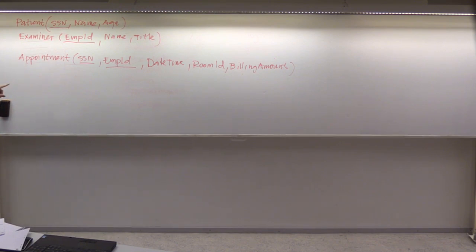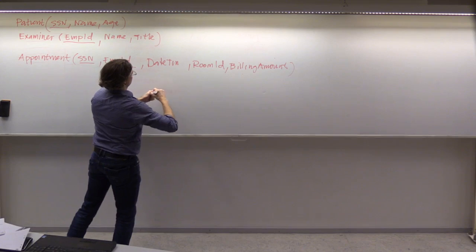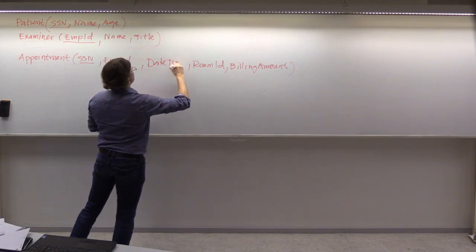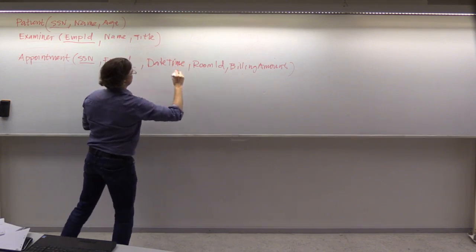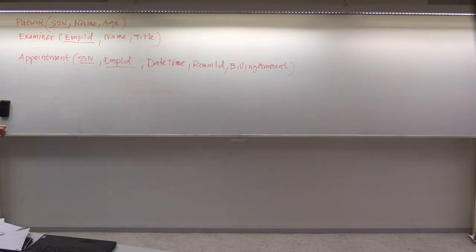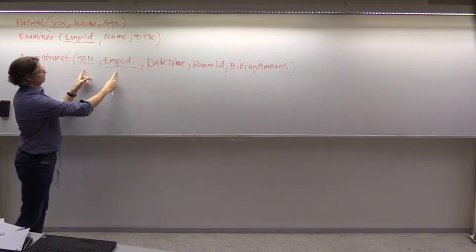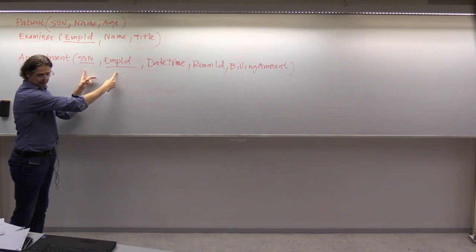So let's see what happens with that table. Let's see if we can figure out a way of making it work. So first of all, if I want to create a new appointment, I am using my social security number and the employee ID of my examiner.